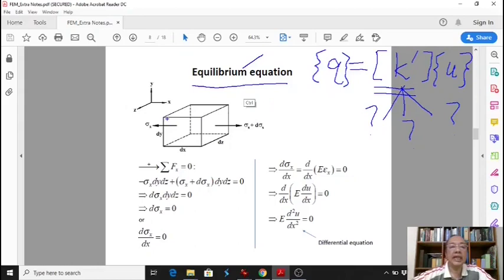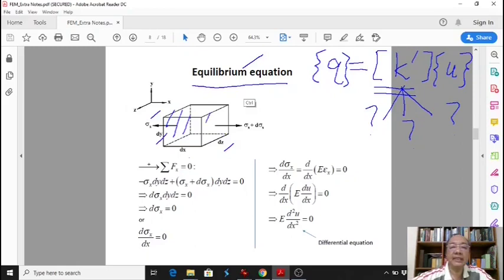So this is an element inside the bar element. We have only one direction of stress, sigma x. The element has dimensions dx, dz, and dy in length. At this face, we have sigma x, or stress x.